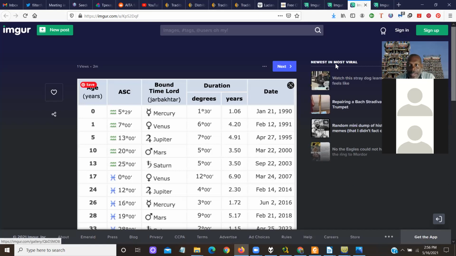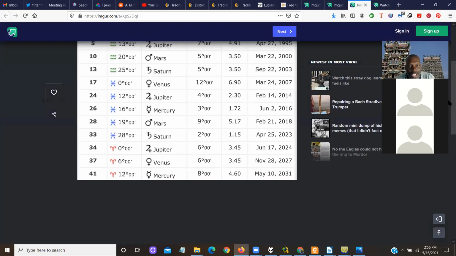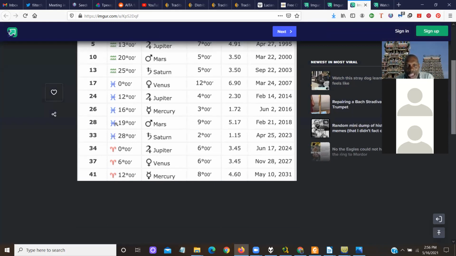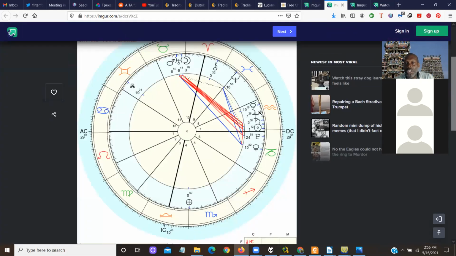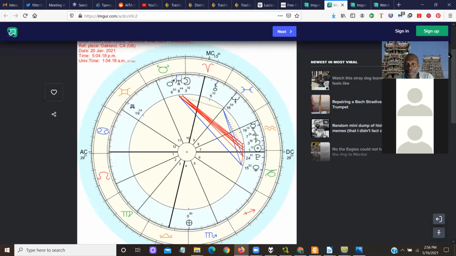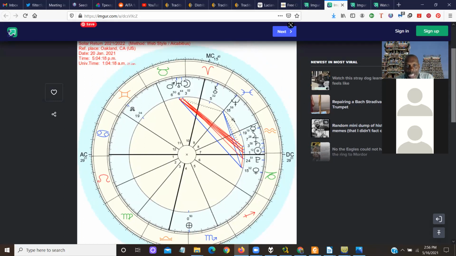She showed me the list, which tells us exactly which bound she's in. She's in the bound of Mars, which is from 19 Pisces to 28 Pisces. So that's what we're going to look for when we look at her chart. We're going to look to see if anything is aspecting 19 to 28 Pisces.